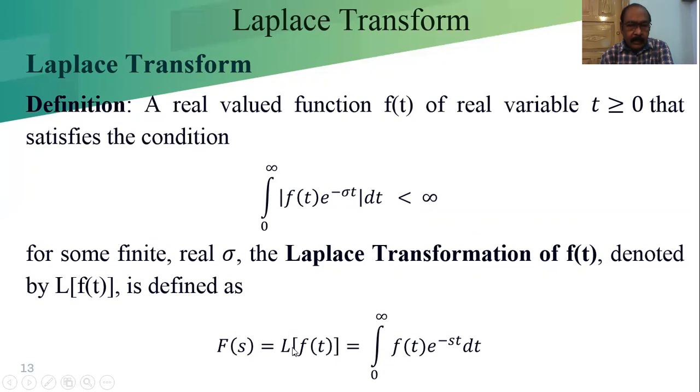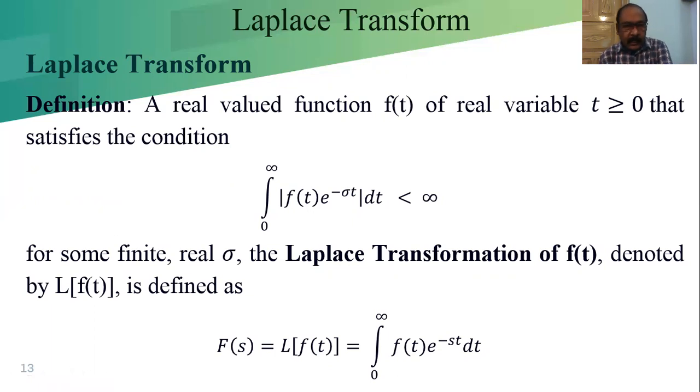F(s) equals the Laplace transformation of f(t), the real valued function f(t). Laplace transformation of f(t) equals integral from 0 to infinity of f(t) e to the power minus st dt.